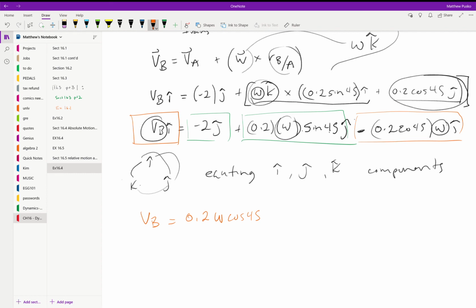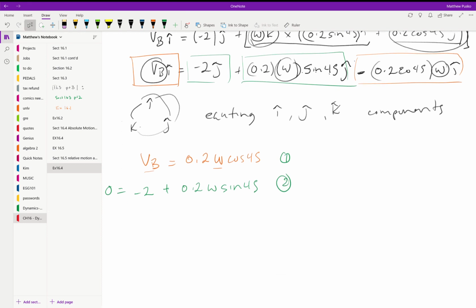Well, we still need another equation. There's two unknowns. But if I equate the j terms, I'll get 0 is equal to negative 2 plus 0.2 omega sine 45. Alright, so equation 1, equation 2, we got everything we need now.